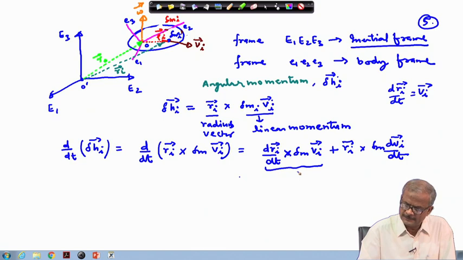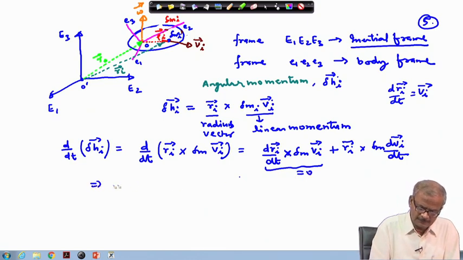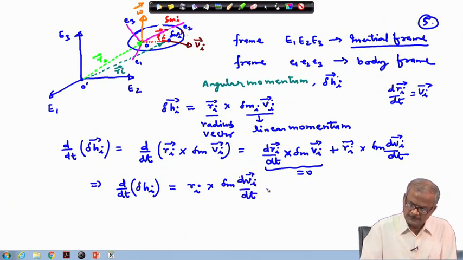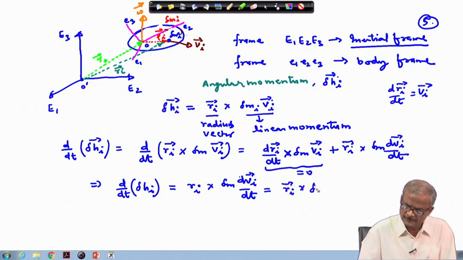So, this quantity equals 0, and therefore, the derivative of delta H I gets reduced to R I cross, and as we know this quantity already we have written, this is R I cross delta F I.